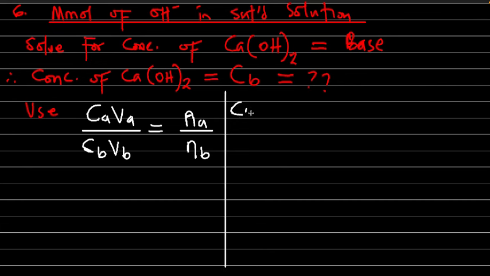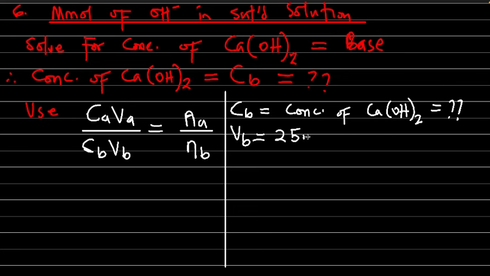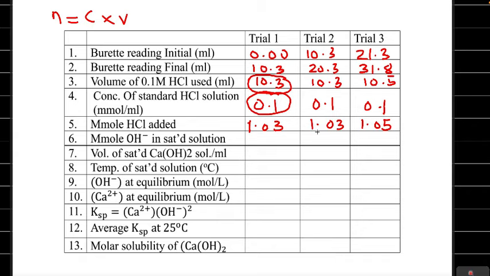Now, let's get all these parameters out before we start solving. Cb is the concentration of calcium hydroxide, and that is what we are looking for, because if you're able to get the concentration of calcium hydroxide, you will be able to get the molarity of the hydroxide ion, that is the OH. And from the molarity, you can now get the mole. Now, the volume of the base is 25 mil. How did I get this 25 mil?